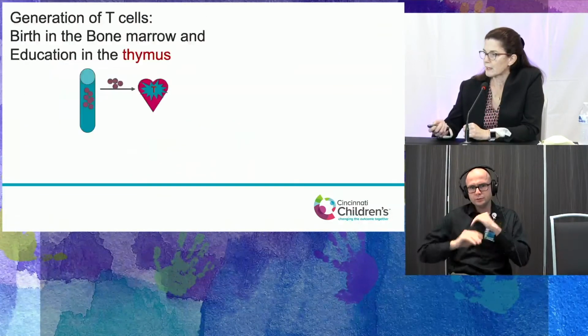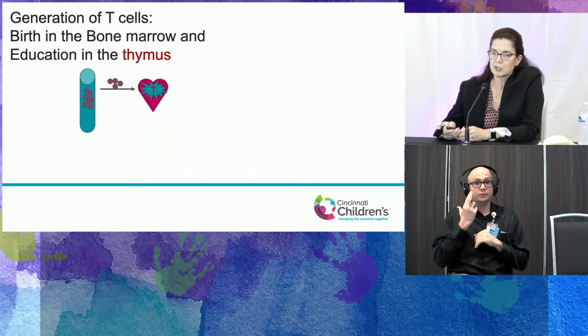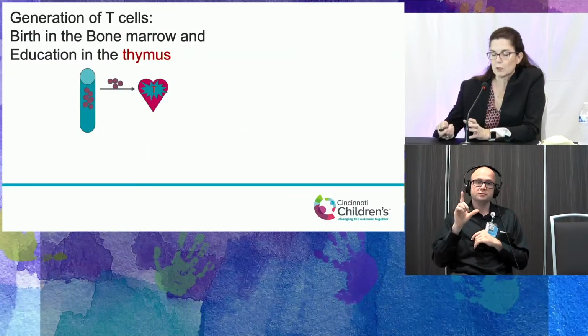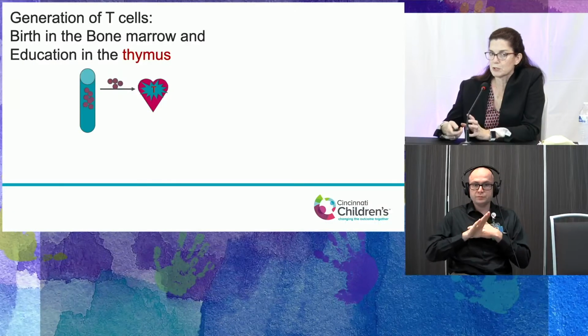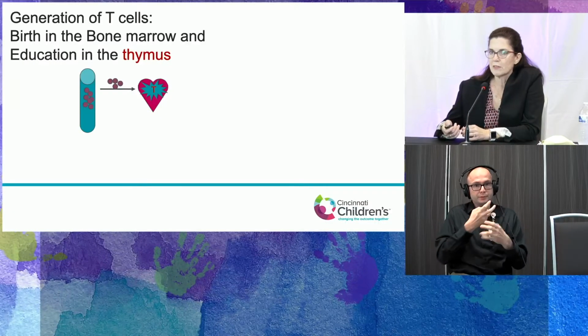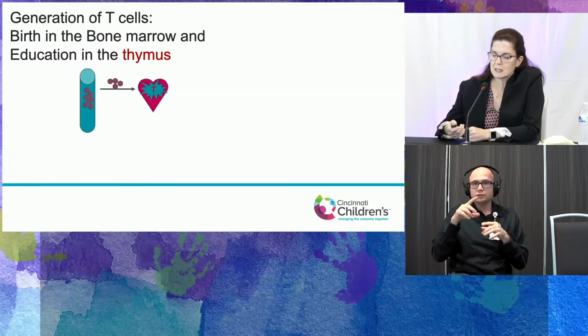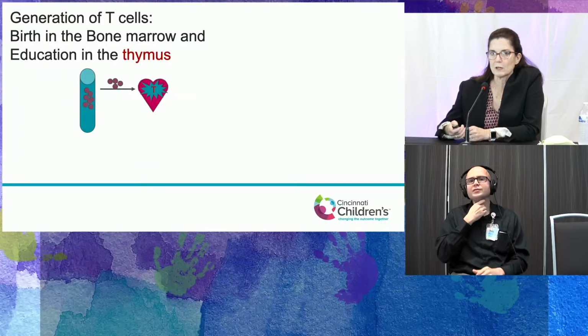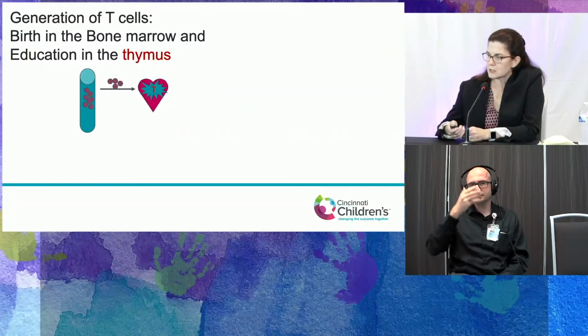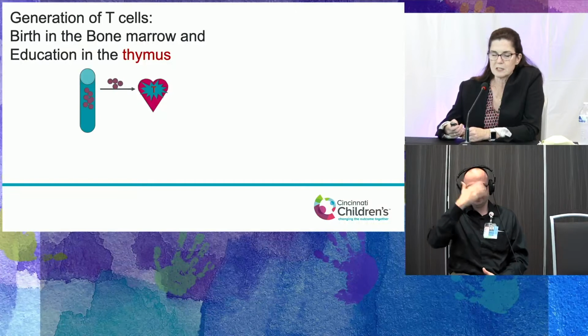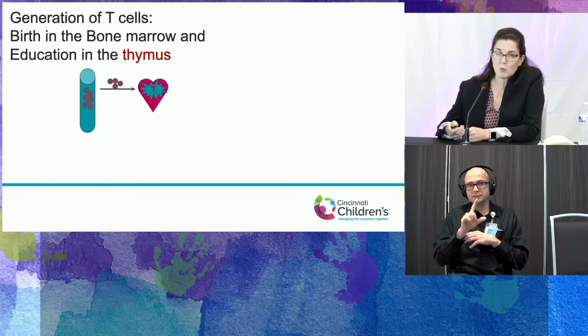So you might ask, why is my child at risk for low T cells? The reason is that the precursors to T cells are born in the bone marrow, but they're actually educated in the thymus. The thymus is an organ that sits in front of the heart, and I call them T cell wannabes.